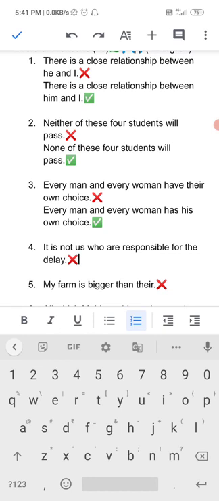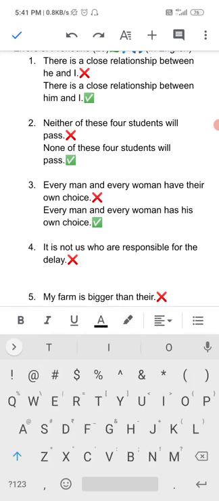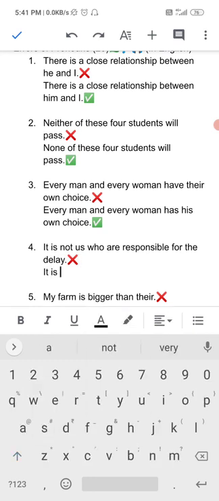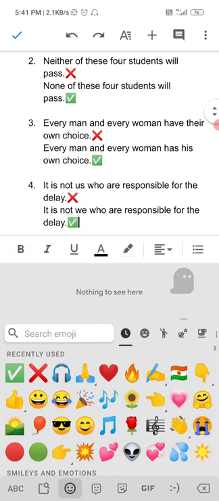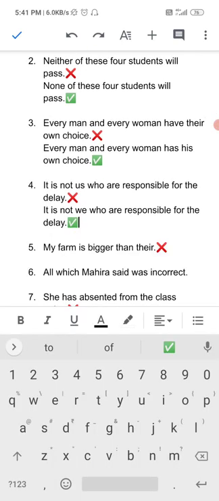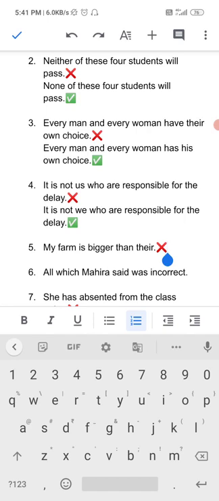This is right. So it is not we. We have to replace us with the word we. So the correct answer should be it is not we who are responsible for the delay. This is correct.